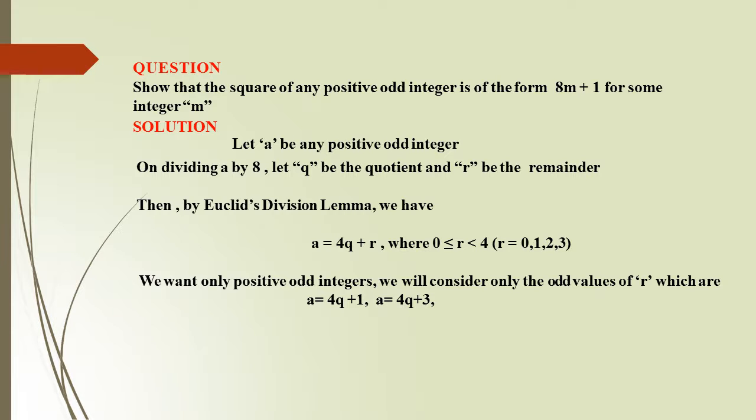Now we are taking it a step further: the square of any positive odd integer is of the form 8m plus 1 for some integer m. Now we are going to talk about only odd integers. Again, 8 is not a perfect square. In the previous case, when we had 4m or 4m plus 1, we had taken the square root of 4, which was coming to 2.